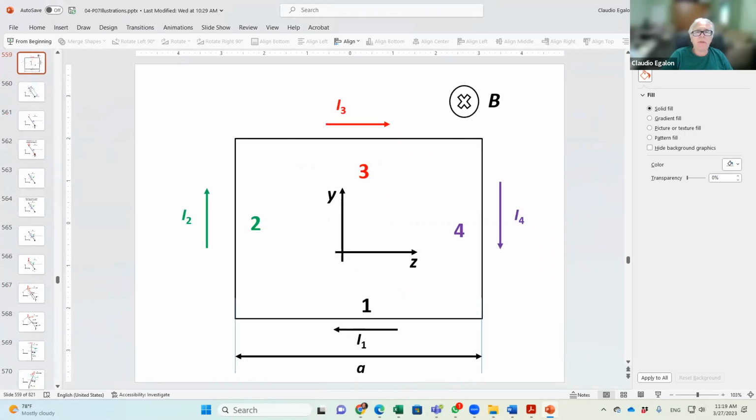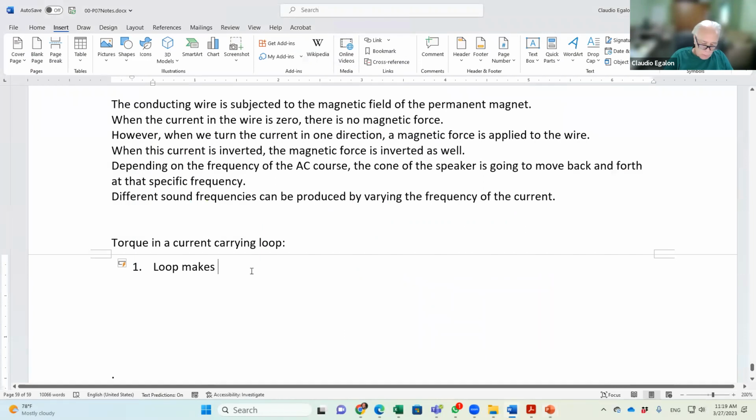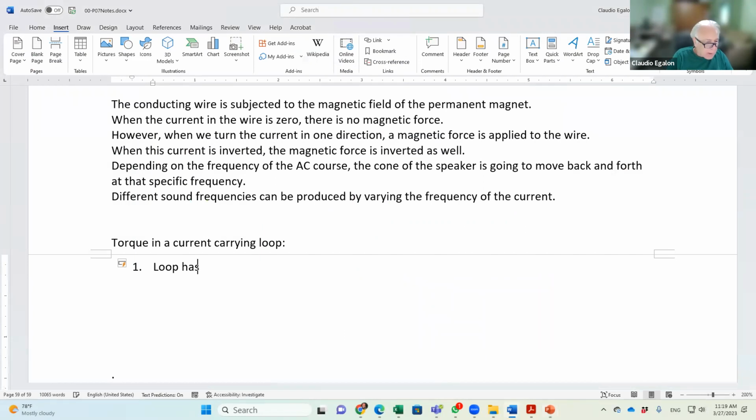Loop has 4 arms. Arm 1, 2, 3, and 4. Okay, 4 arms.